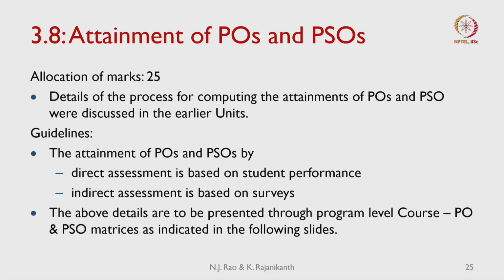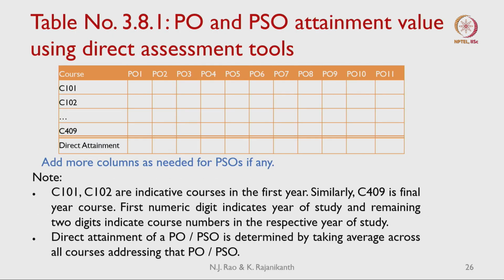So, the above details are to be presented through program level course PO PSO matrices, as shown here. That is, various activities are listed here, along with the courses that are available with suitable course numbering. There could be other activities also: capstone project, mini projects, micro projects, any activities in which all the students participate, all kinds of activities which are subjected to summative assessment.